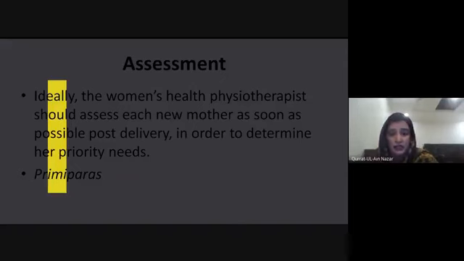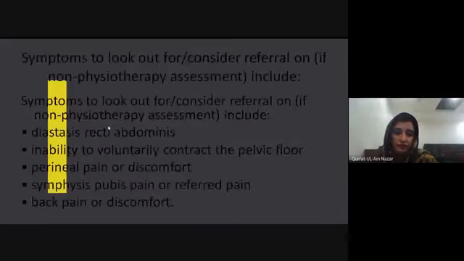This assessment basically includes some types of problems which are listed here: diastasis recti abdominis muscles, inability to voluntarily contract the pelvic floor muscles, perineal pain and discomfort, symphysis pubis pain and the referred pains associated with the symphysis pubis, back pain, or any type of discomfort.